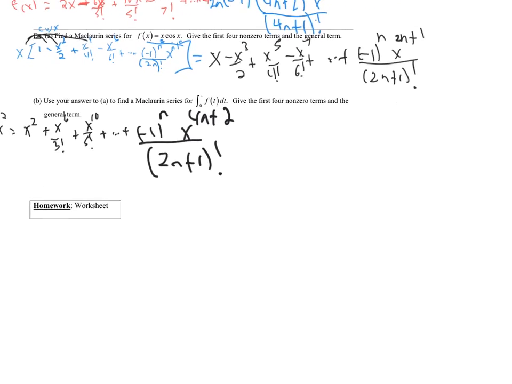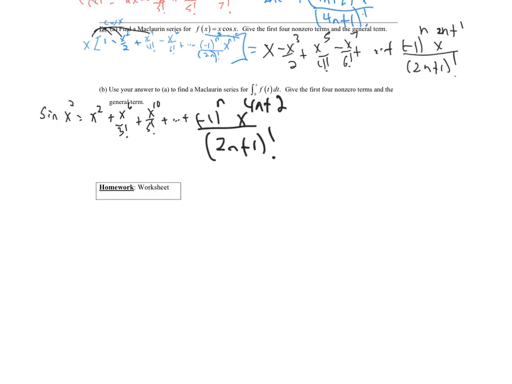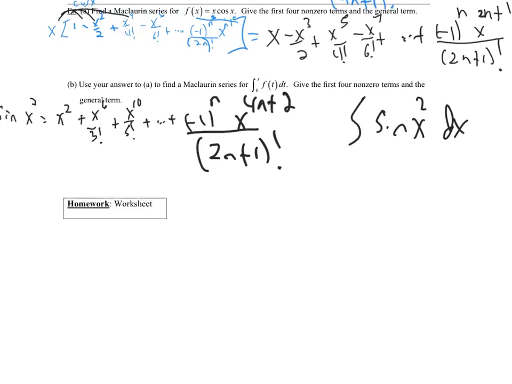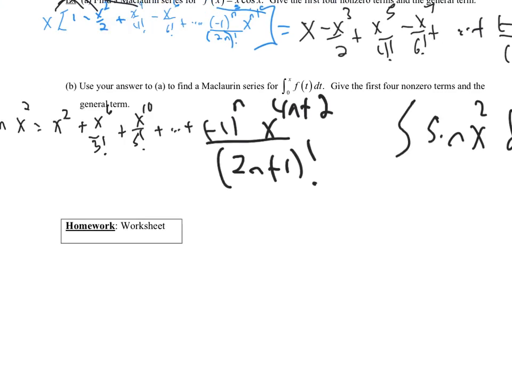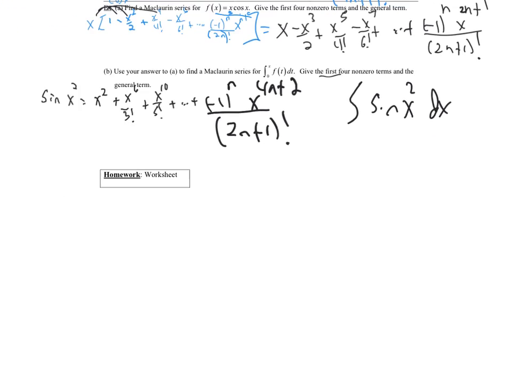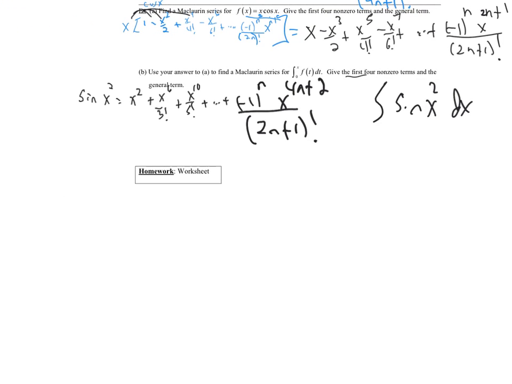Okay, so now if I'm going to integrate this, I am integrating sine of x squared dx. And he said, give the first 4, and he does want the general term. That means integrate term by term. So that would be equal to, if I integrate the x squared, x cubed over 3.